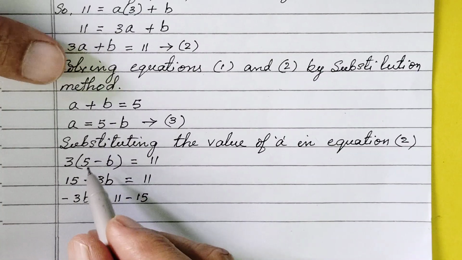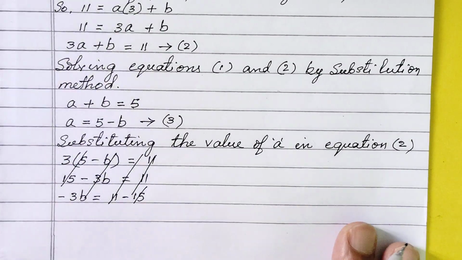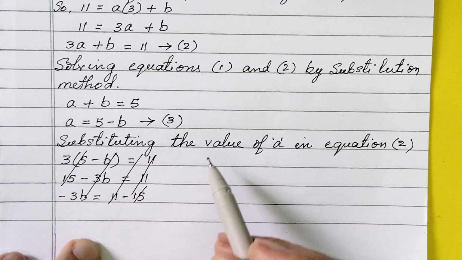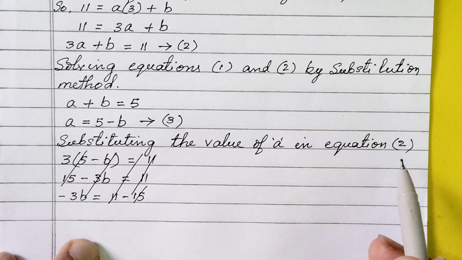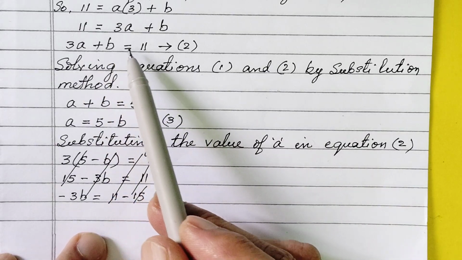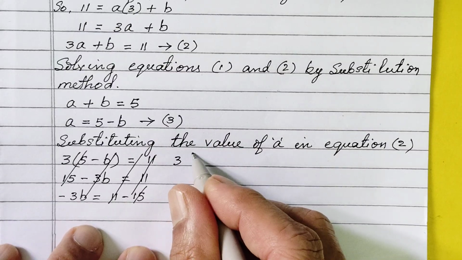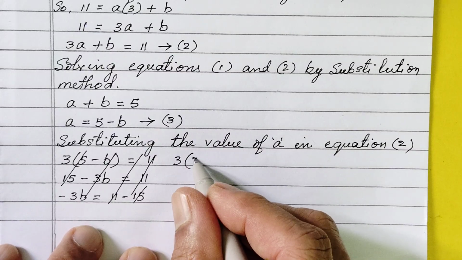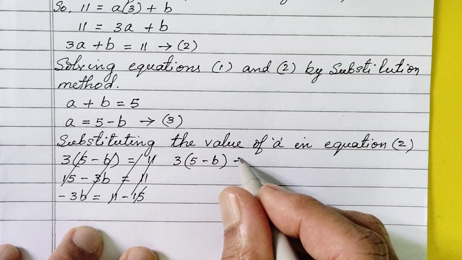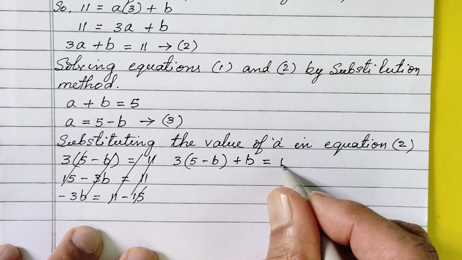Sorry, it's gone wrong here. So we are putting the value of a in equation 2. So equation 2 is 3a plus b equal to 11. So 3 into (5 minus b) plus b, I forgot this b, equal to 11.